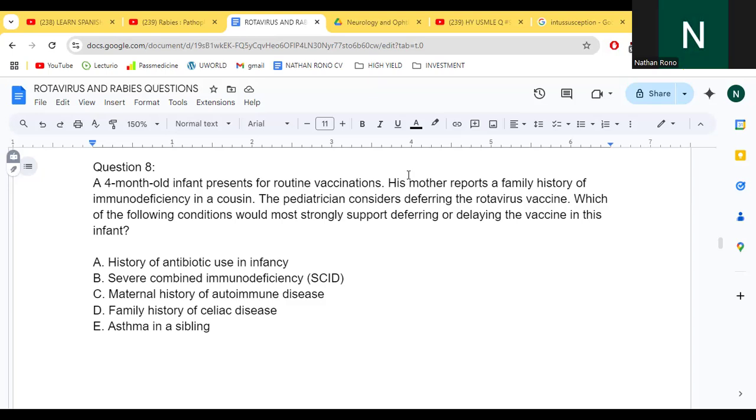As much as it does not cause a pathology, it's still a live microorganism, isn't it? Then on top of that, you are immunocompromised or immunodeficient. So what happens is this vaccine is most likely going to cause more harm than good. So that's why we don't. So the answer is B.